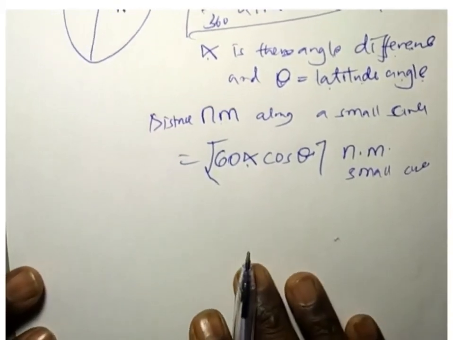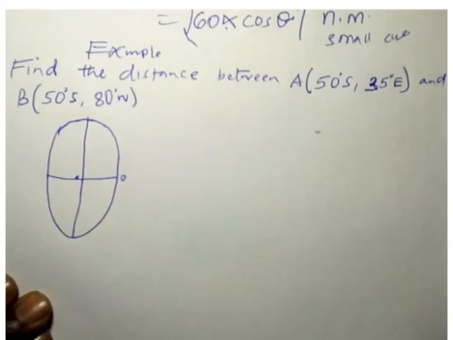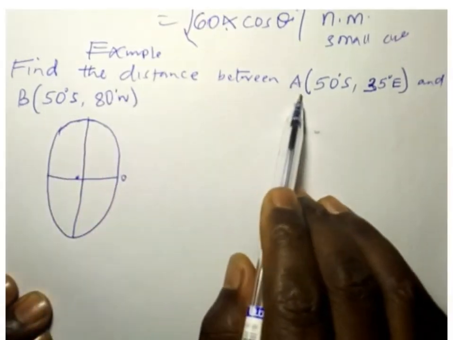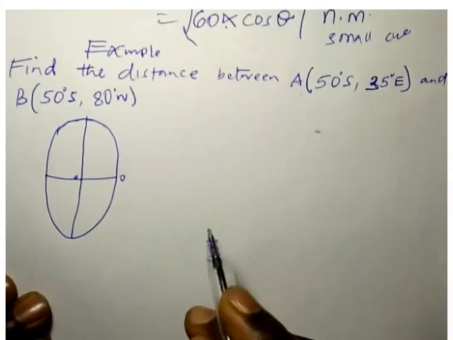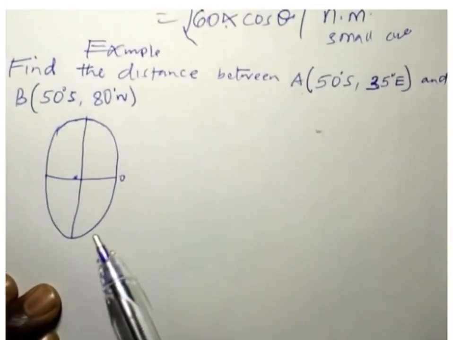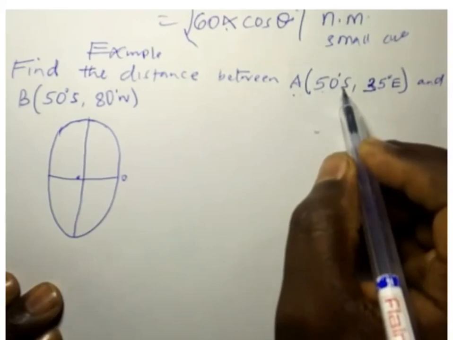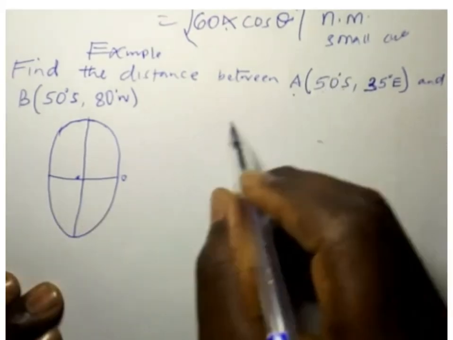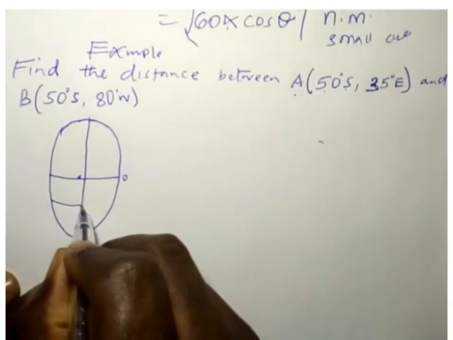So let us do an example. Find the distance between A and B, which have been given these coordinates. So let us locate these points on the globe. It is important you sketch. Let us sketch. A is 50 south. South, this is the latitude, so it is below the equator. So 50 south could be here.